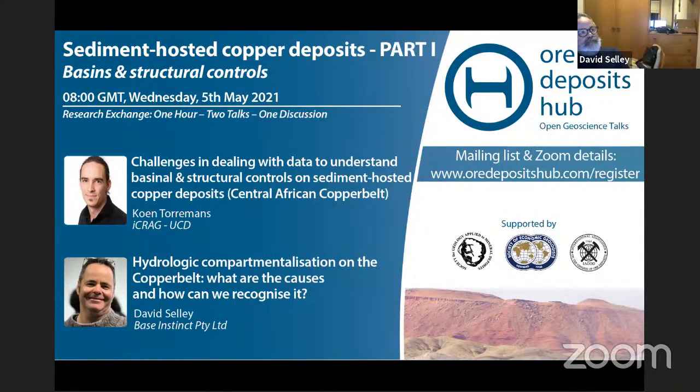So although there are some distinct reflectors internally within the stratigraphy, sometimes at the level of the ore, it's not been particularly effective in imaging the geometry of the deep-seated parts of the basin, which is obviously the great unknown.